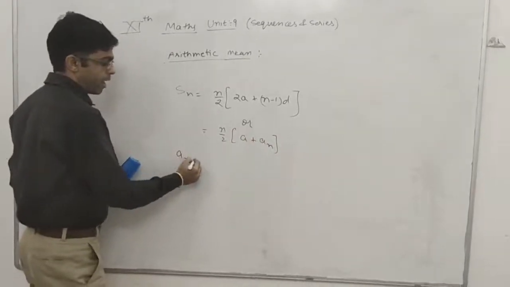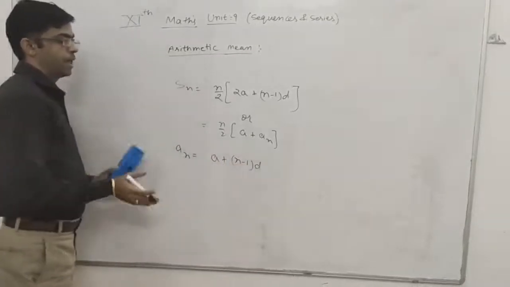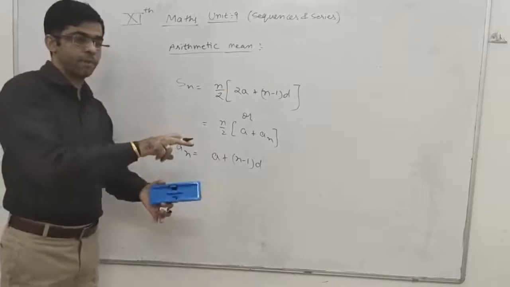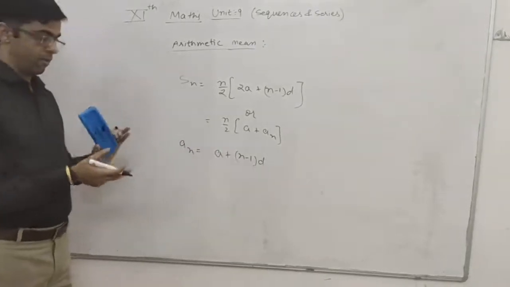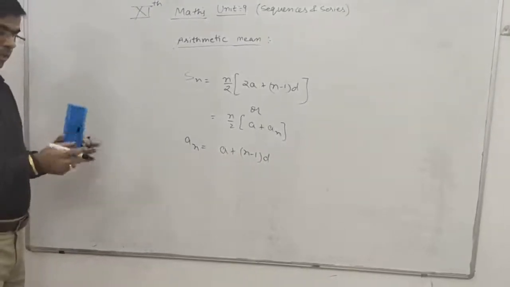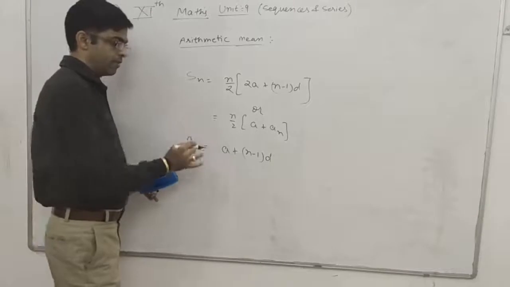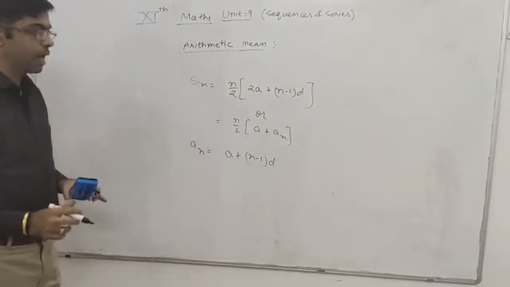Similarly, for finding the nth term, this is the formula. For finding the nth term from the end, we can reverse the AP, and in that case the sign of the common difference changes, and we can easily find the terms from the end of the AP.